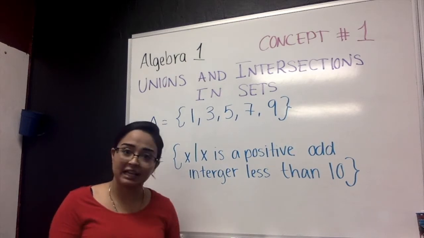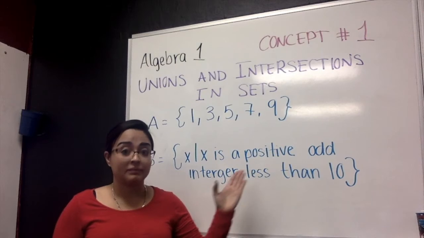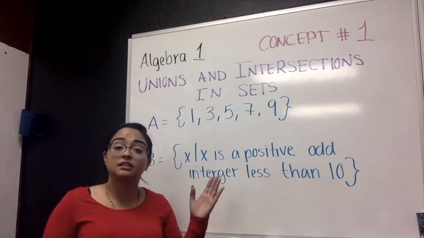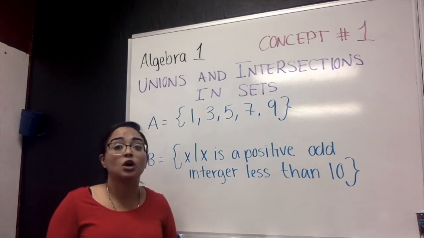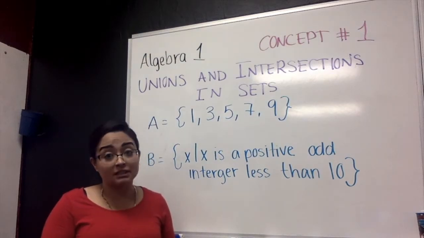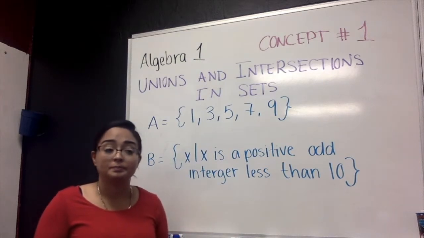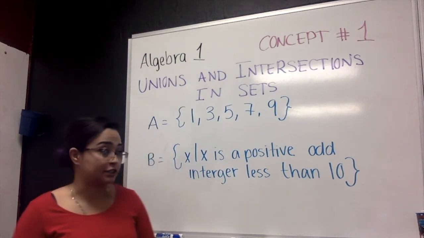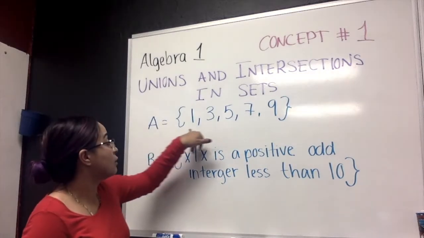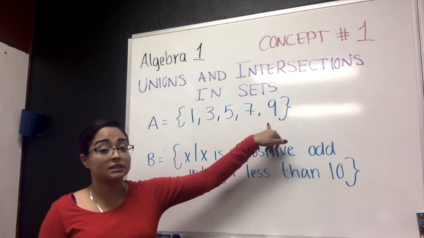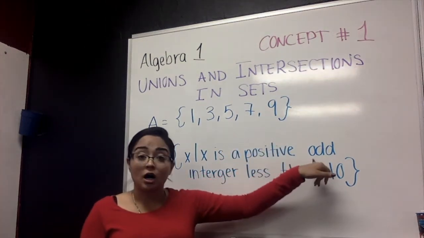Now wait, let's break that all down. It is a positive number. That means the other set cannot have any negative numbers, or if it does, it has to also have a positive number for it to be either a union or an intersection. As we can see, all of our numbers in our A set are positive. It is an odd number.